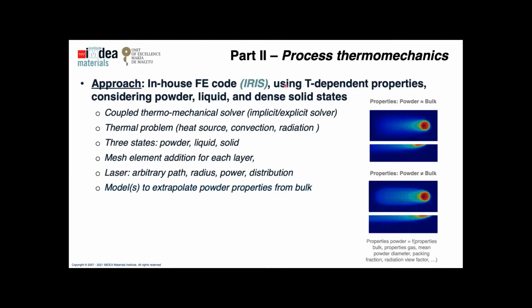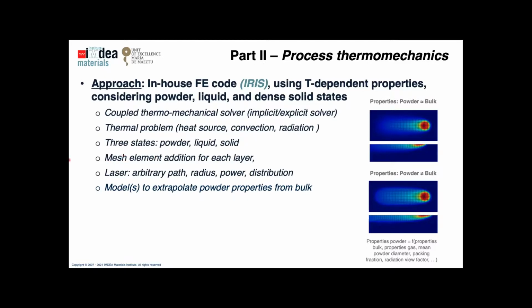Then we use our in-house code called IRIS. Using these temperature-dependent properties, we have a couple of thermomechanical solvers. We do not take into account the hydrodynamics of the melt pool. So we consider 3 different states, powder, liquid, and solid, and we just have a simple thresholding for when it gets into a liquid state and then a dense solid, no defects yet.